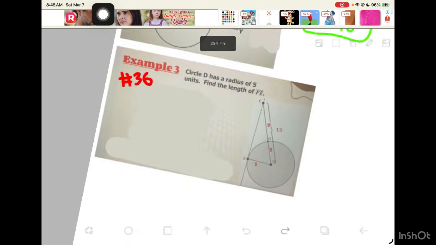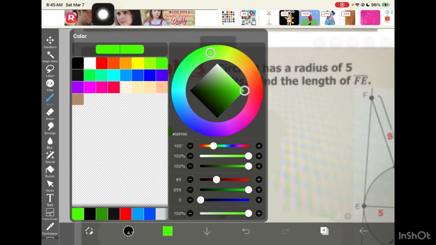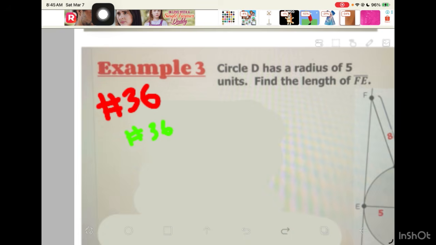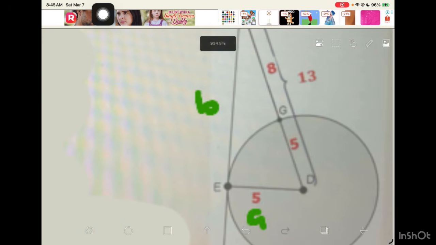Apologies for that. Number 36. So number 36 solution. So we can say that this one is our B, right? We have A, B, and C now.